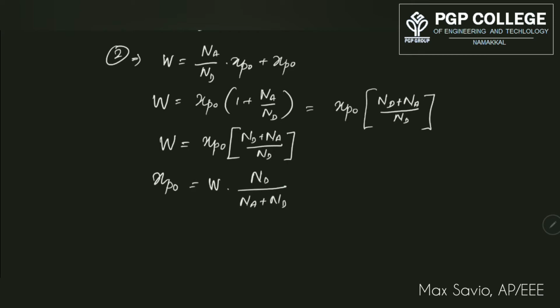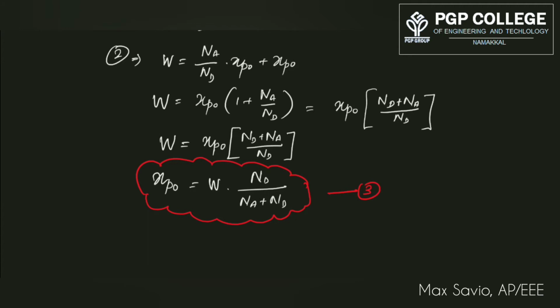So x_p0 can also be written like this. I'm taking this as equation number 3, which gives the x_p0 value. This x_p0 value can be used further in other equations.